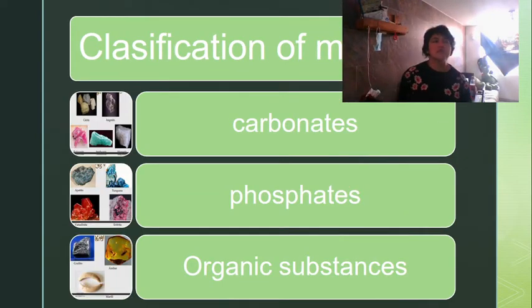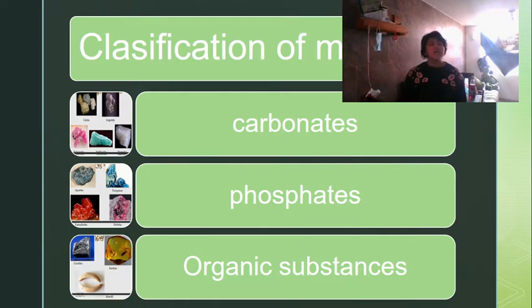Carbonates. A carbonate is a chemical compound that contains the elements carbon and oxygen in the form of the carbonate group, containing one carbon atom and three oxygen atoms, from carbonic acids. The following are part of the group: calcite, dolomite, siderite, rhodochrosite, aragonite.